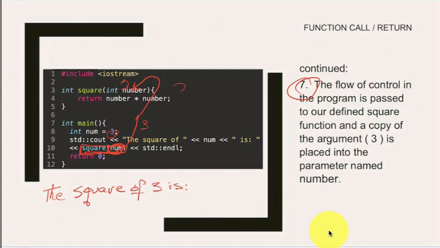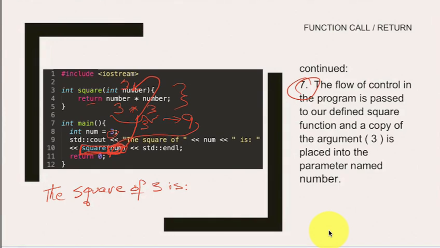Then our square function executes, and what this says is return 3 times 3, which of course resolves to 9. And that 9 goes right back where the function call happened from.